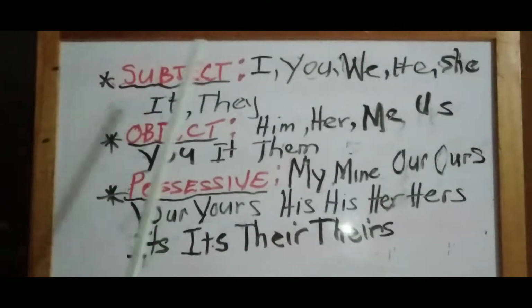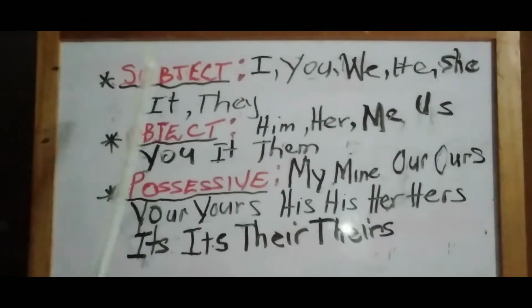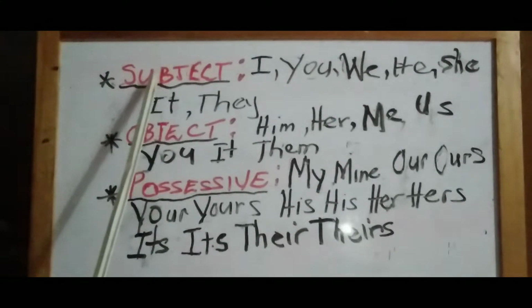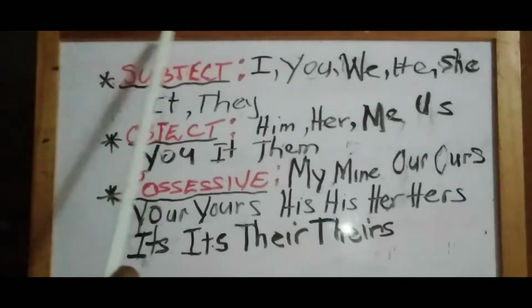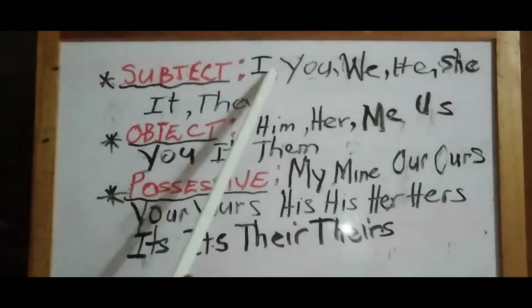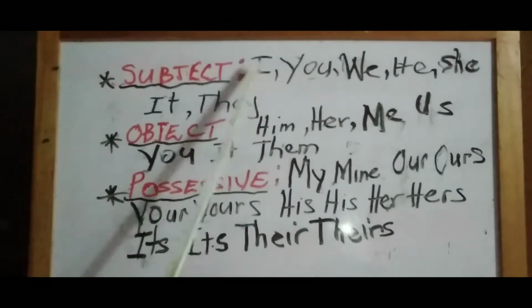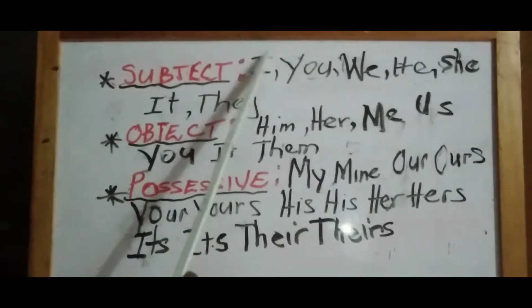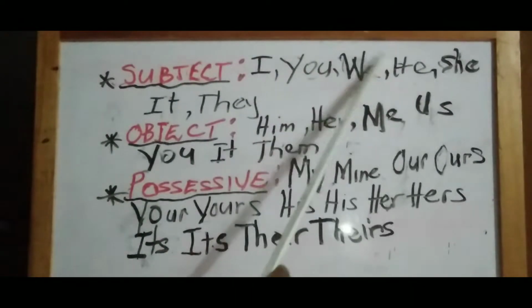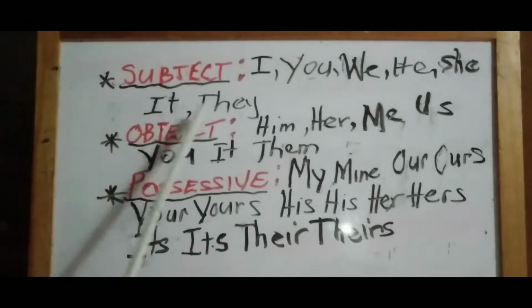These are the different categories that personal pronouns fall in. You have subject, object, and possessive. These are the ones that fall in the subject category: I, you, we, he, she, it, they.